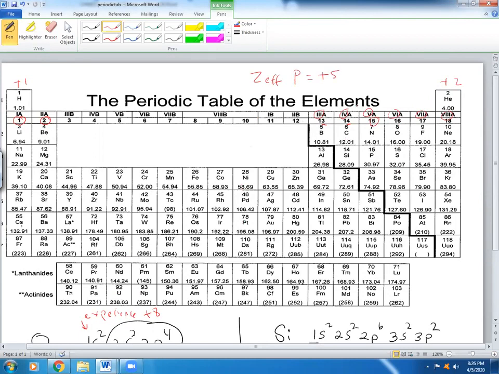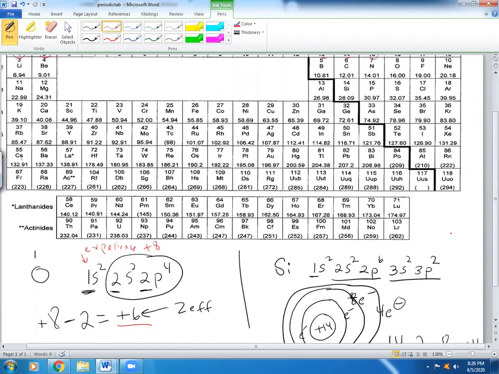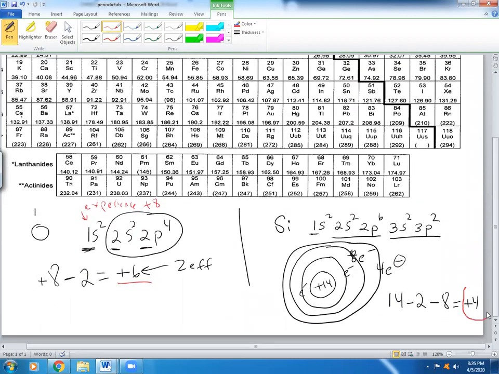Silicon, we just did silicon. Silicon is in group 4, or you look at the second digit, and it's plus 4. Isn't that what we did here? Here it is, plus 4.